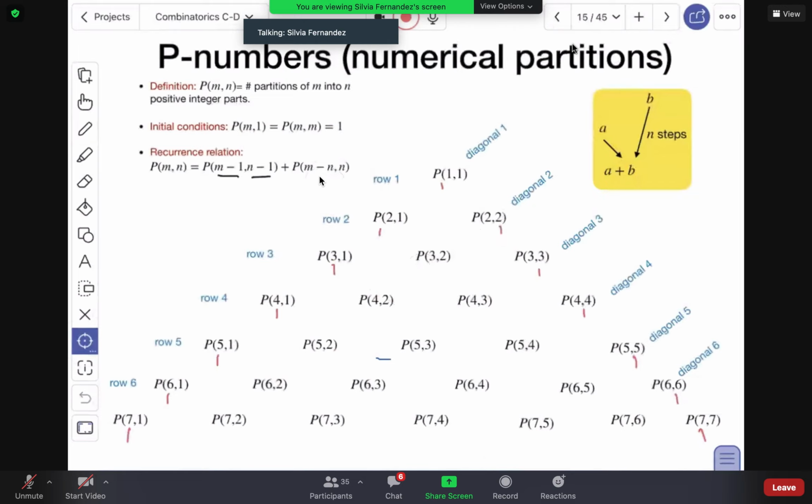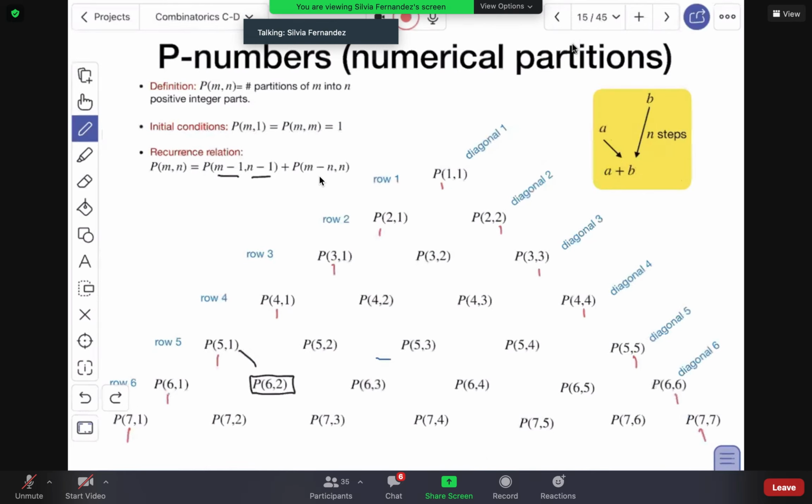So you're going to take the sum of, for example, here. If I wanted to know P62, in a regular Pascal triangle, I would just do the sum of these two. But in this one, I'm going to do the sum of that one, and then I'm going to go 2 steps up. You can see it here.